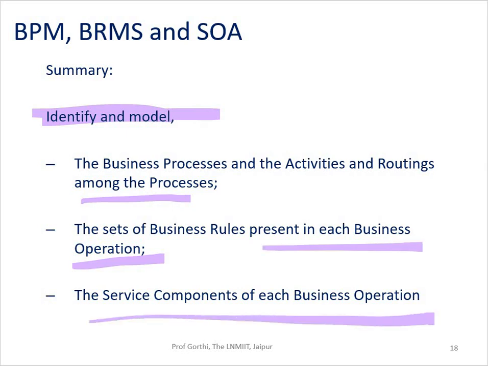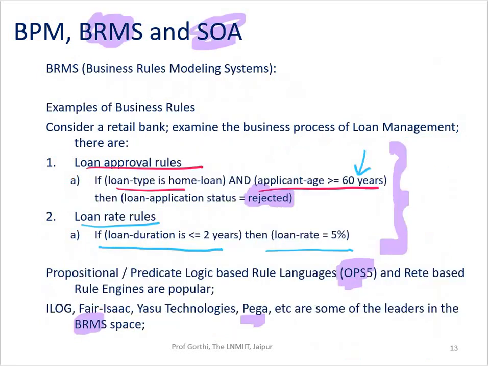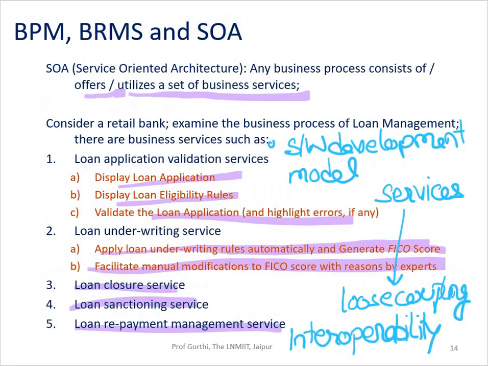The service components of each business operation are to be considered. So this is all about your business process modeling, your BRMS, which is business rule management system, and your service oriented architecture, which is your SOA.